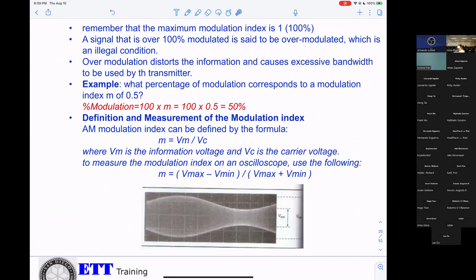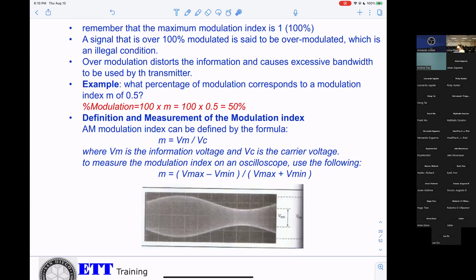Remember that the maximum modulation index is 100%. A signal that is over 100% modulated is said to be over modulated, which is an illegal condition. Over modulation distorts the information and causes excessive bandwidth to be used by the transmitter.